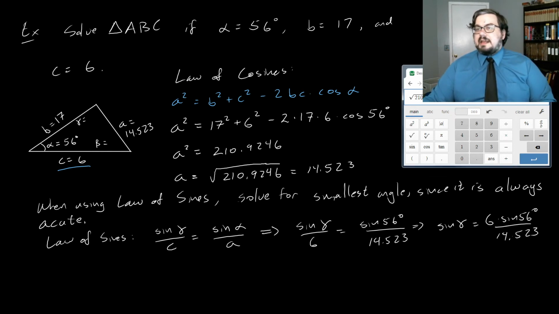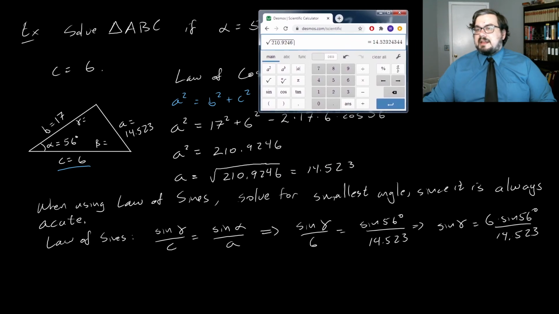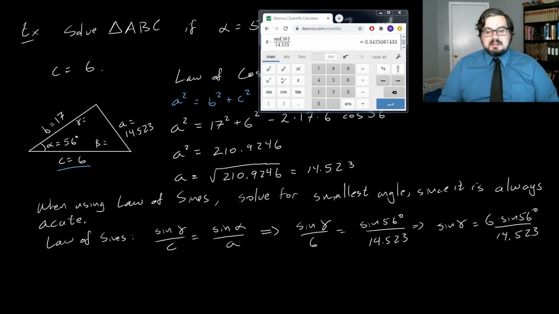Let's go ahead and work that out. We'll have 6 times sine of 56 degrees divided by 14.523. And that'll give us that sine of gamma is equal to 0.3425.